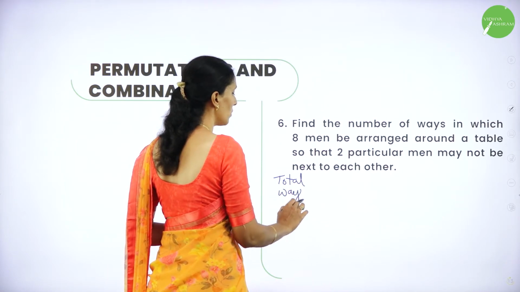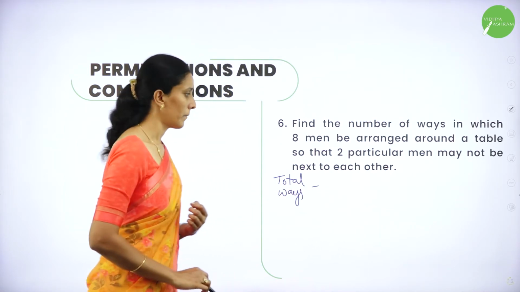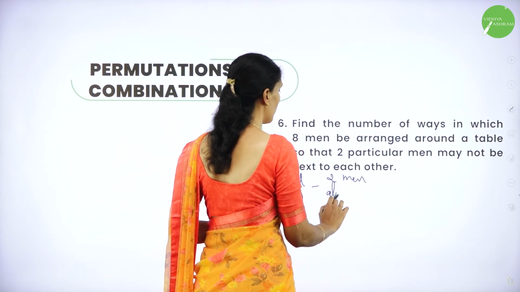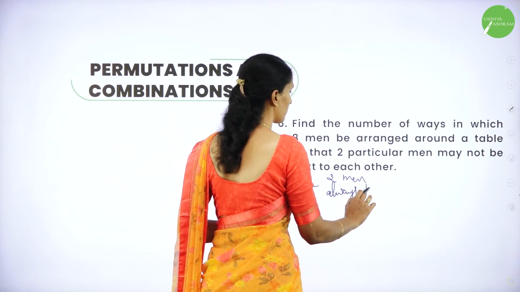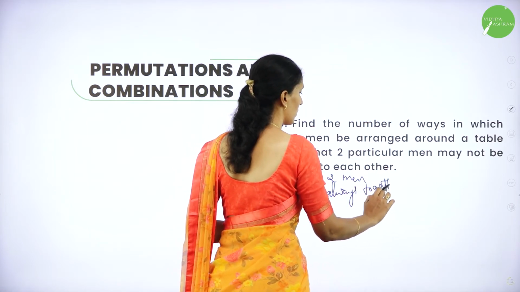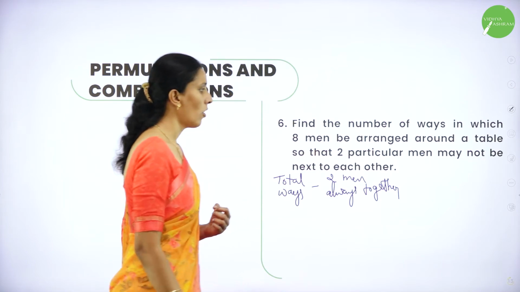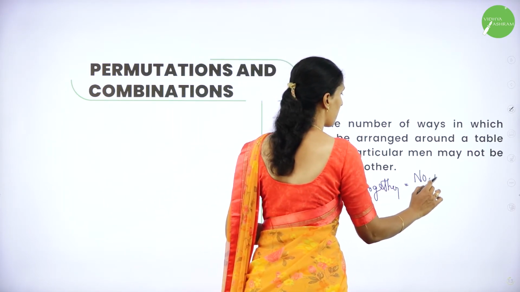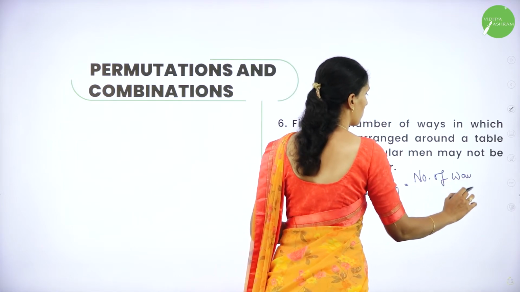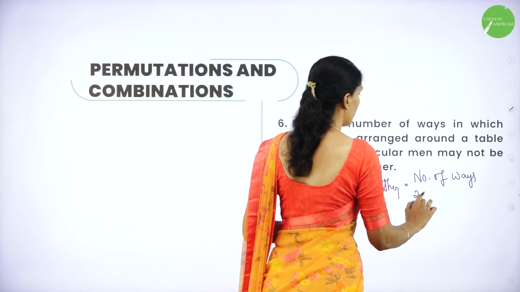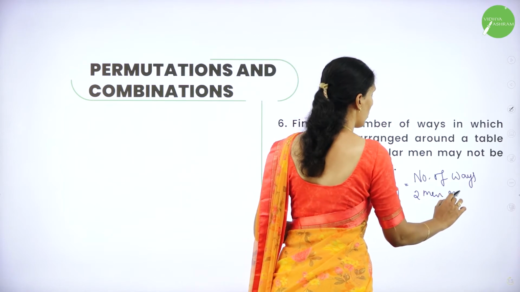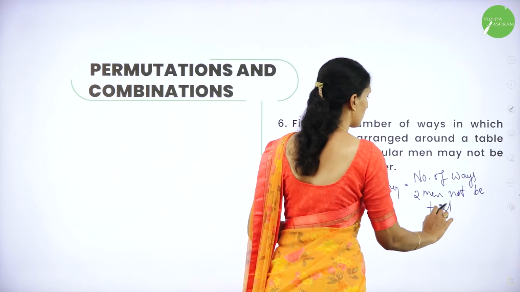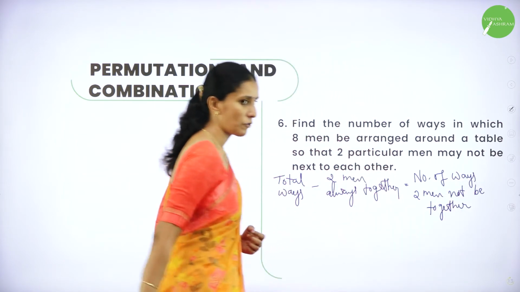If you subtract the ways with 2 men always together, then this gives the number of ways 2 men are not together. This is the logic I have to use here.